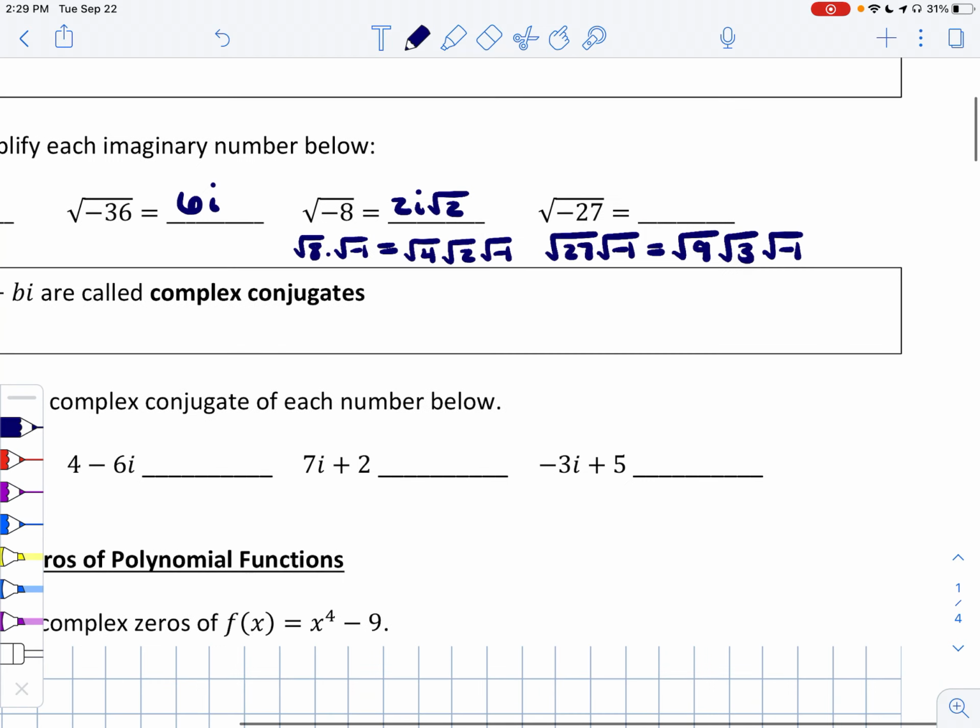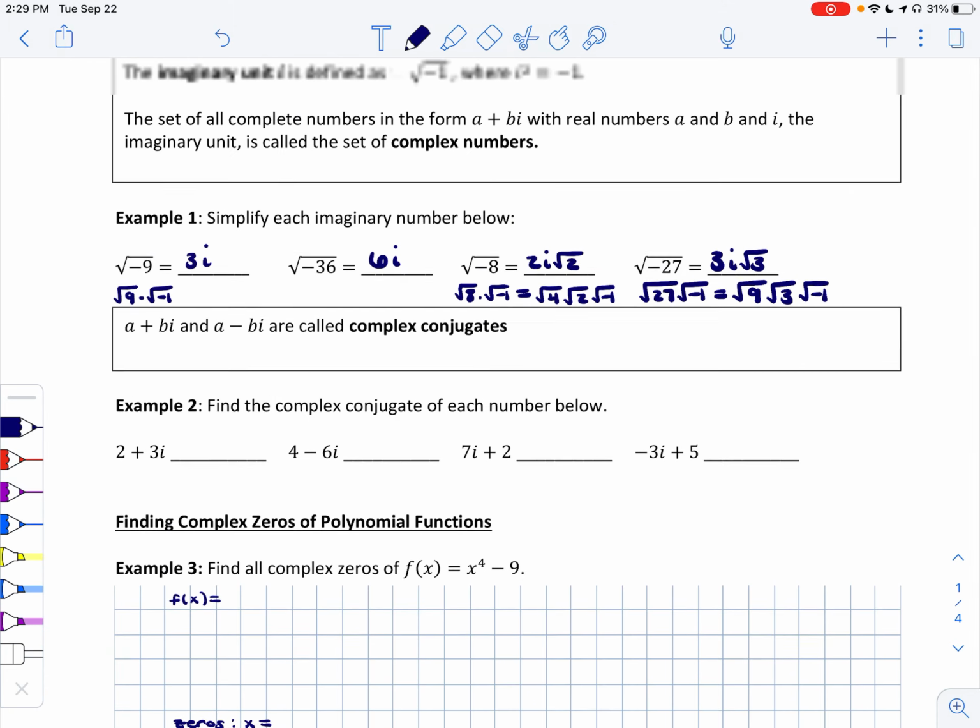Then the square root of 9 is 3, the square root of negative 1 is i, and we're still left with the square root of 3. This is the basic idea with these complex numbers. When you have a negative under a square root, that's your imaginary unit i. So just take the square root like normal, and add an i onto it when there's a negative.